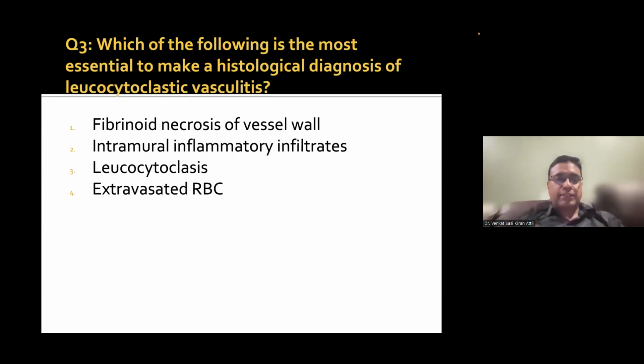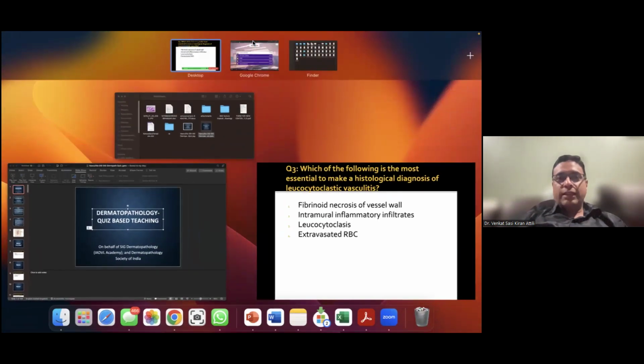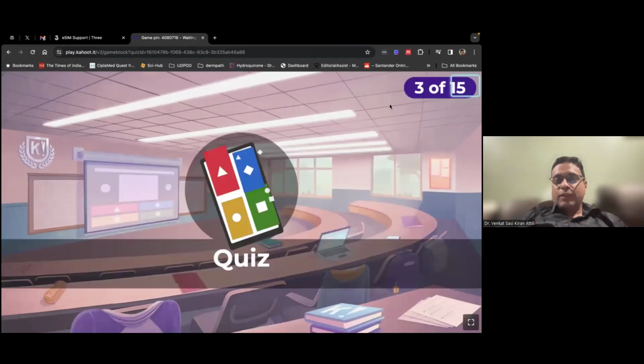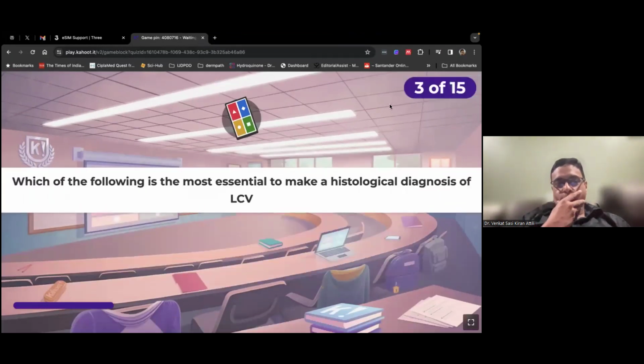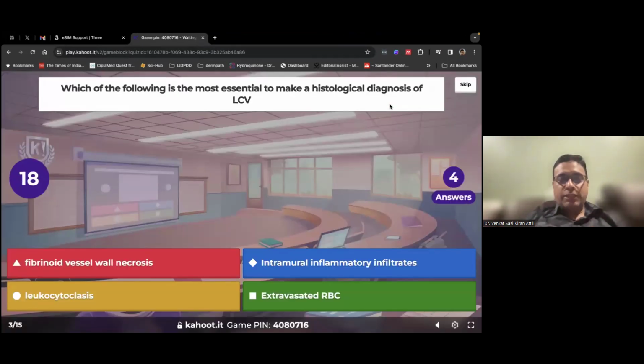There's only one right answer. Similar options. Let's go to Kahoot and see what you think is the correct answer. These are slightly tricky, but once I explain the answer, it'll be easy.